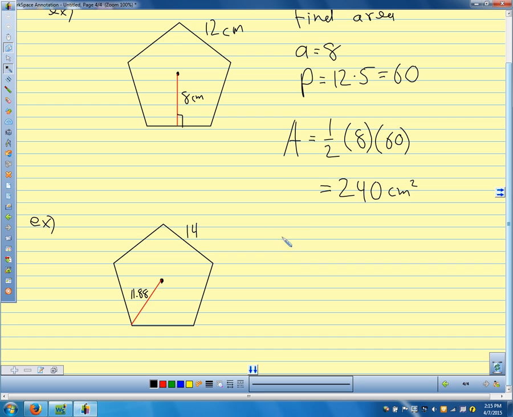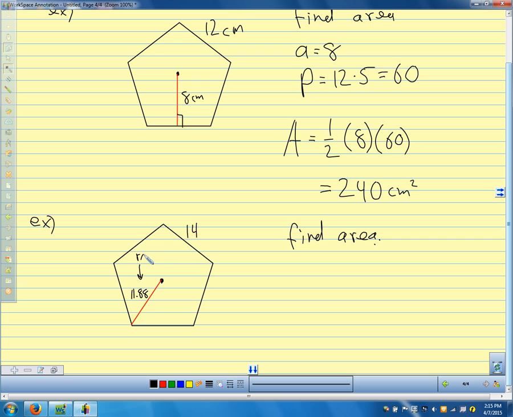All right, and we're doing the same thing. This is a regular polygon, and we want to find the area. Do we have everything we need here? Is this piece the apothem? What is this? What part of our polygon?